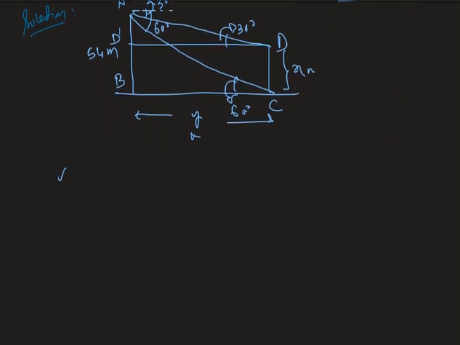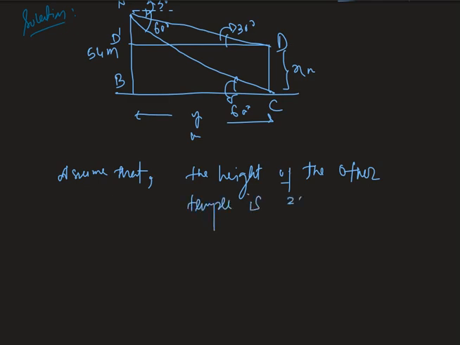So here we assume that the height of the other temple is x meter, therefore we can write D prime B is equal to DC, and AD prime is equal to 54 minus x.